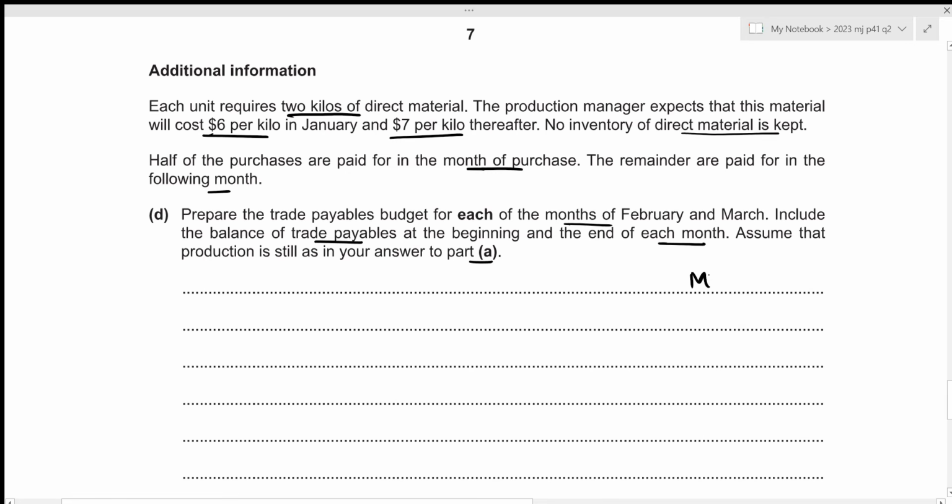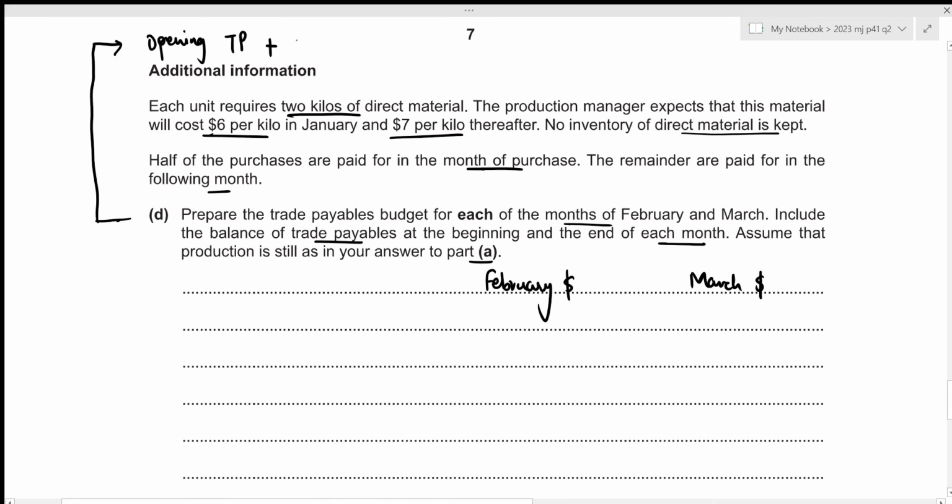Okay, so this is for March and February. Now, I'm just going to write down the format for trade payables budget right here. We always start with our opening trade payables.